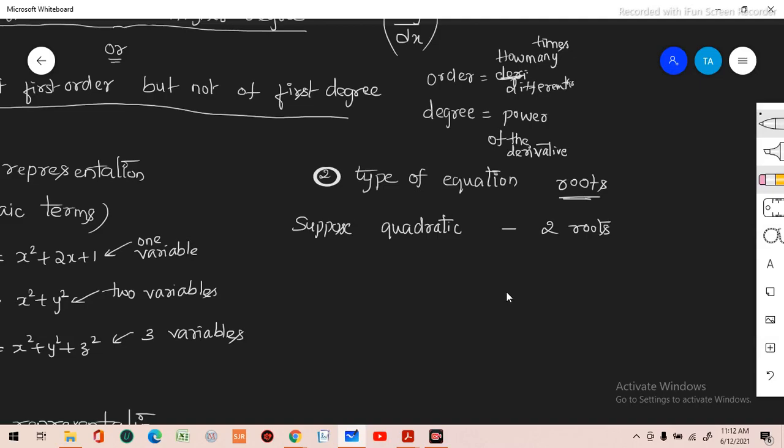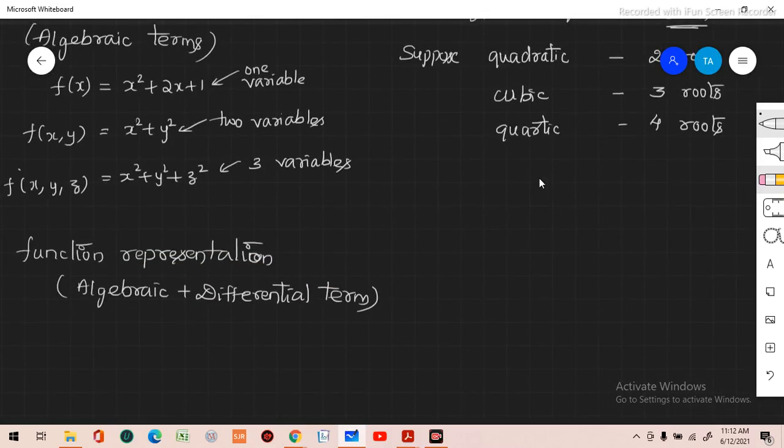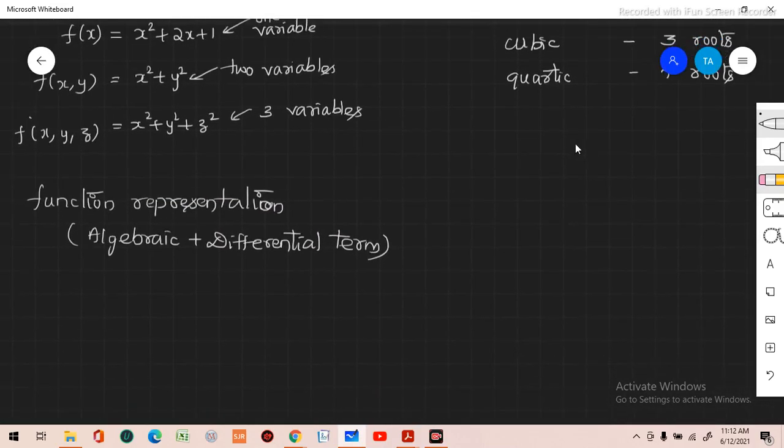Suppose I have a cubic equation, how many roots should I get? Three roots. Suppose I have a quartic equation, then four roots. Yes, when the power is 4, we will get 4 roots. So you remember these 2 points.